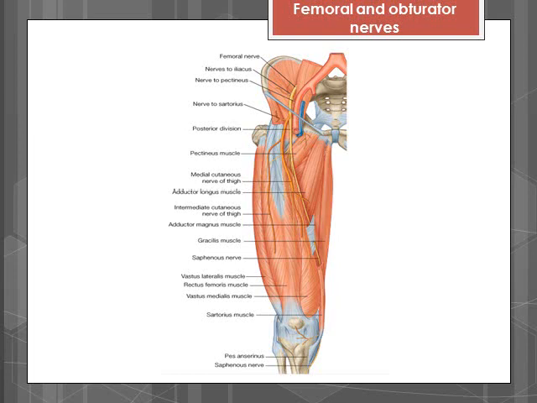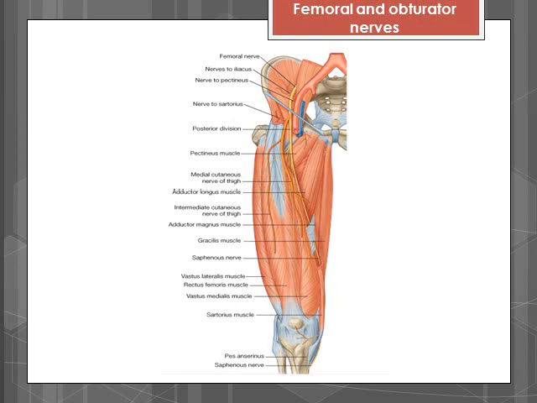The femoral nerve is distributed to the muscles of the anterior compartment of the thigh through the branch to the sartorius muscle that arises from the anterior division, and branches to the quadratus femoris muscle that arise from the posterior division.